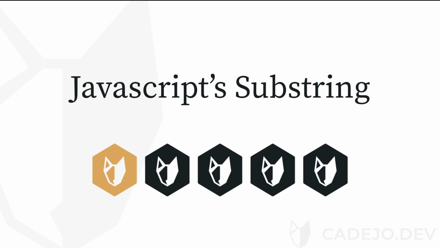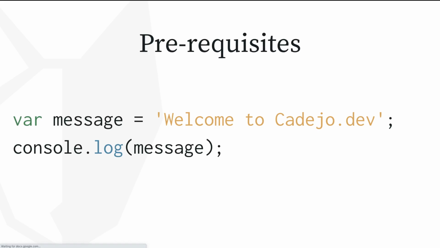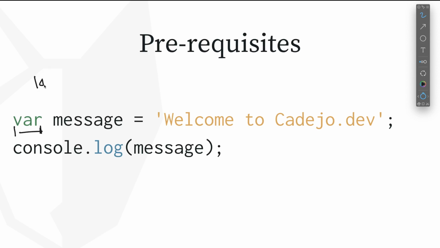Before we go into details though, I don't really have a lot of prerequisites for this video, but I do want you to be able to understand code that looks like this. If you can successfully tell me what's going on with this var, and this var could be a let or could be a const, but if you don't know them, that's fine.